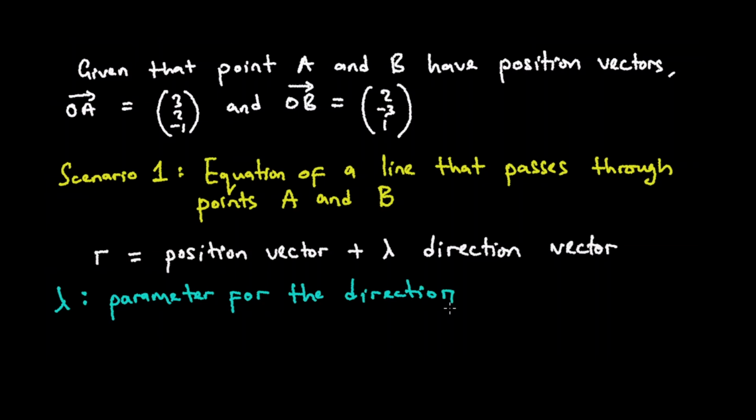But you also have to bear in mind that other symbols can be used to denote the parameter of the direction, for instance s, t, mu, and so on. In Darshan K Gendah, one of our source materials, you will see that they don't use lambda, they use t.